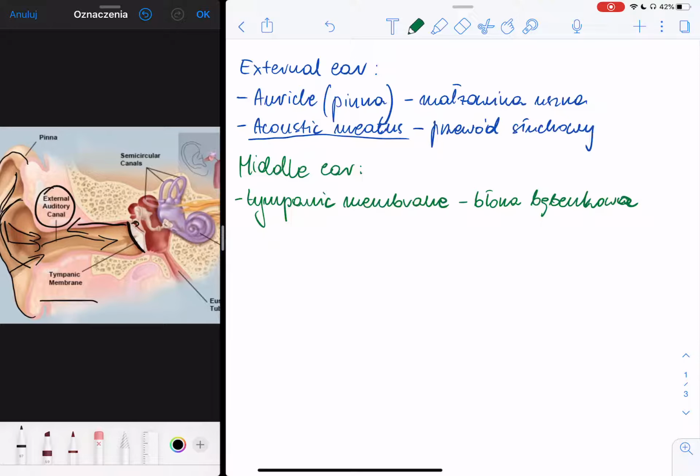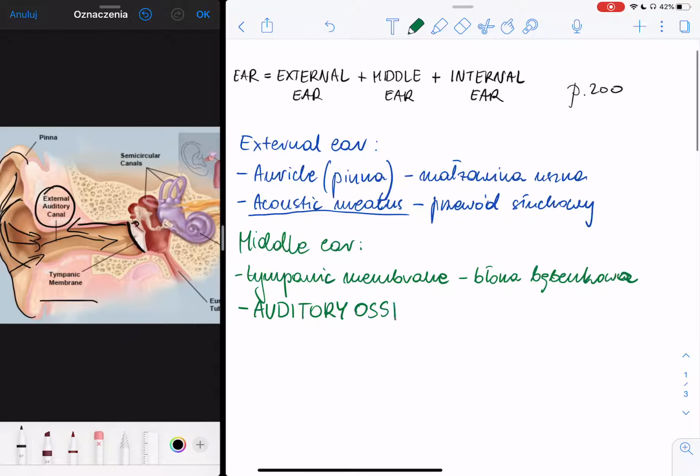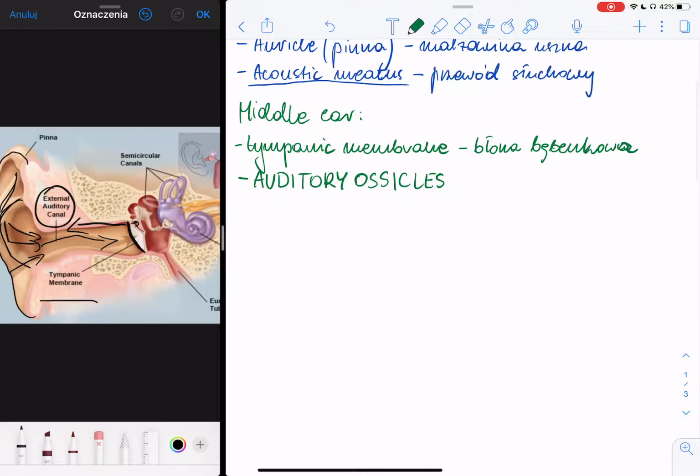The parts that also are included into middle ear are auditory ossicles, czyli kosteczki słuchowe.